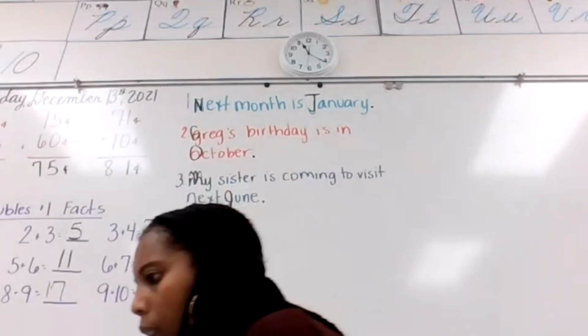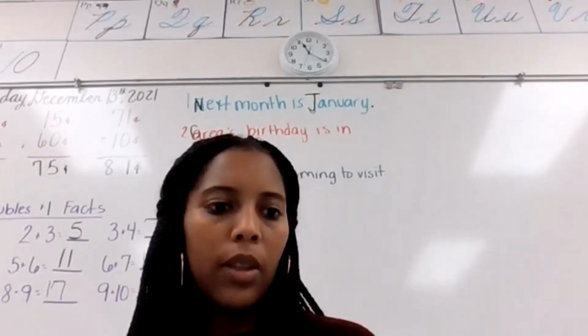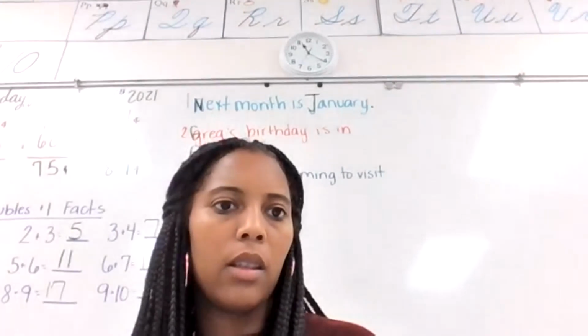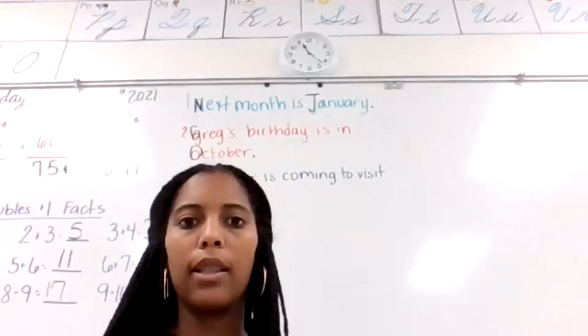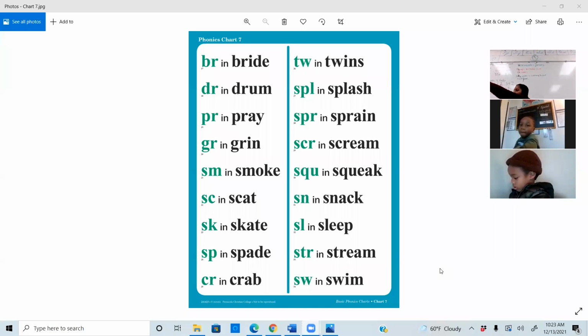All right, let's go ahead and move on to our phonics. All right, let's go over chart 7. Okay, on 3, 1, 2, 3. BR says br, and bride. DR says dr, and drum.